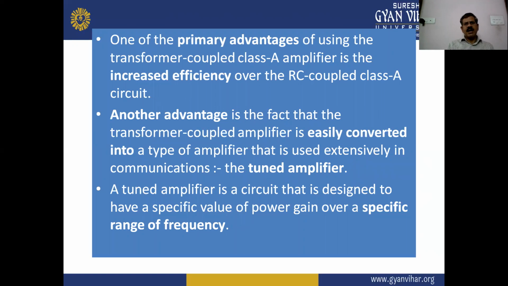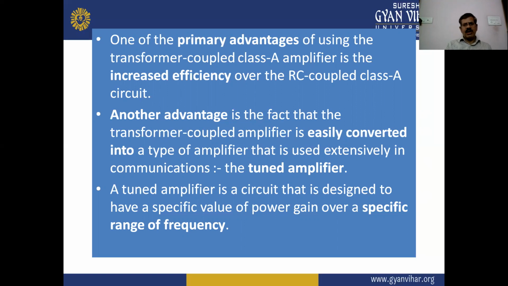One of the primary advantages of using the transformer coupled class A amplifier is the increased efficiency over the RC coupled class A amplifier. Another advantage is the fact that the transformer coupled amplifier is easily converted into a type of amplifier that is used extensively in communication, the tuned amplifier.